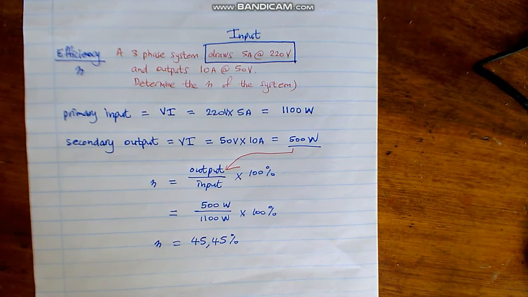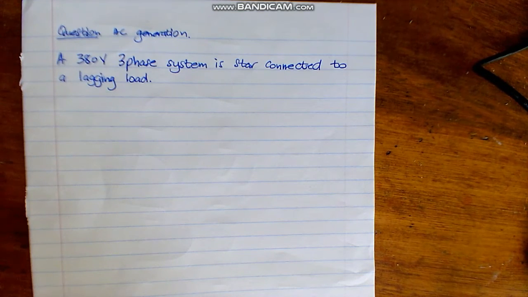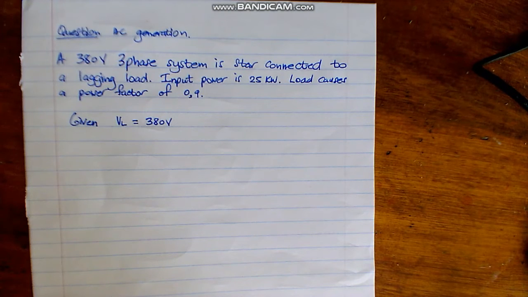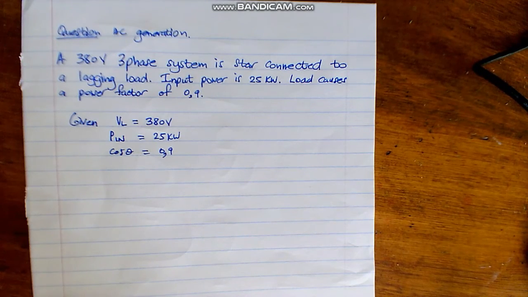The next question is also an AC generation. A 380 volt three-phase system is star connected to a lagging load. Input power is 25 kilowatts. The load causes a power factor of 0,9. Given we have VL equals 380V, power in is 25 kilowatts, and cos theta, which is the power factor, 0,9.